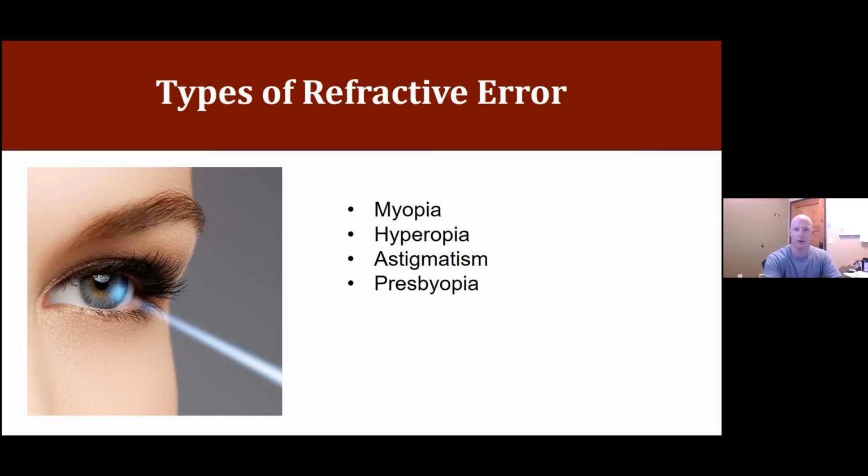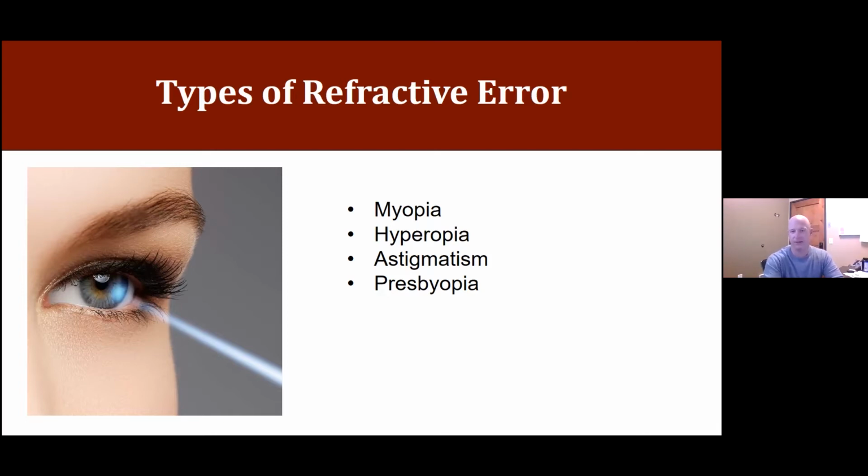So I guess to understand a little bit about what we're talking about in the first place, it's helpful to talk a little bit about different types of what we call refractive error, or what you may know as your prescription for glasses or contact lenses. And up here, we've listed the 4 different main types of refractive error. The 2 most common being myopia and hyperopia, which we know as nearsightedness and farsightedness, and then astigmatism, which we'll talk about in just a moment, and then presbyopia.